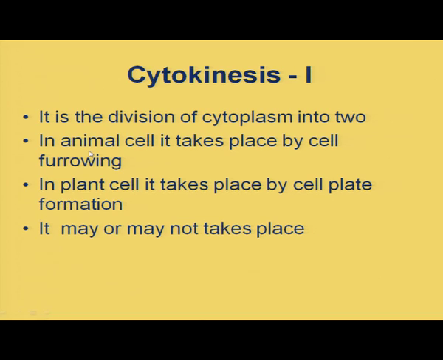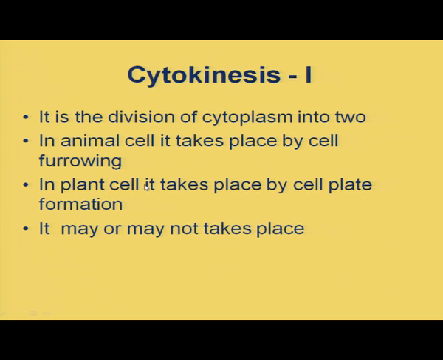Now, coming to cytokinesis 1. It is the division of a cytoplasm equally into two daughter cells. And in animal cell, it takes place by cell furrowing. Again the same method, no difference, just like the cytokinesis in the case of mitosis.